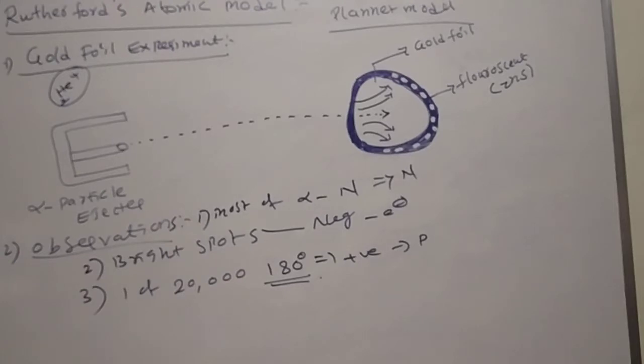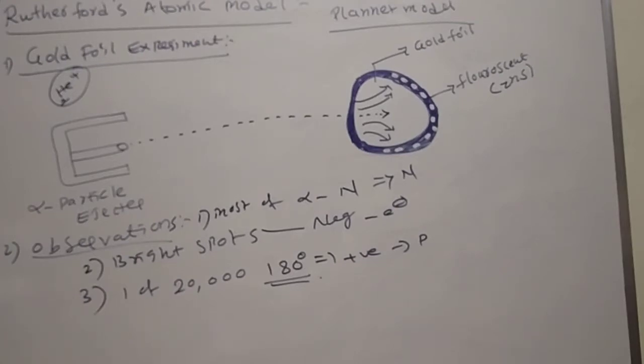Those hit the fluorescent material and were observed as bright spots. One in 20,000 alpha particles bounces back at a 180 degree angle. Coming back means it is a repulsive force. That means these have positive charge. Gold has positive charge, and those which bounce back also have positive charge. By this gold foil experiment, Rutherford made these three observations.